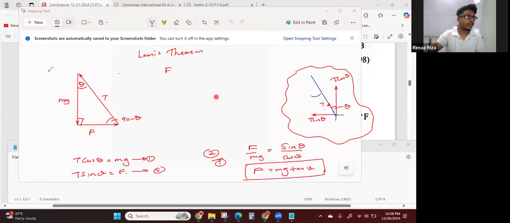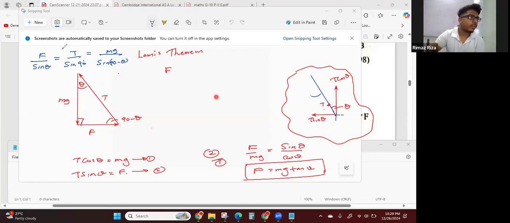So here I will write down. If I'm correct, F over the sine of its opposite angle theta, F over sin theta equals T over sin 90 equals mg over sin of 90 minus theta.